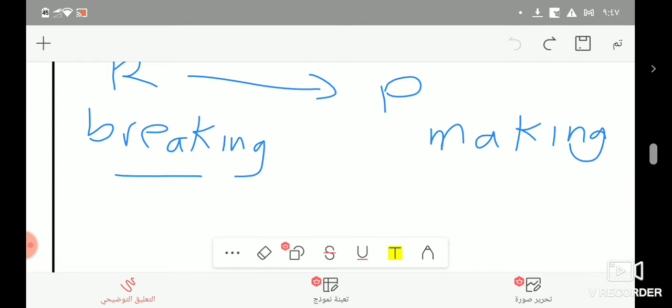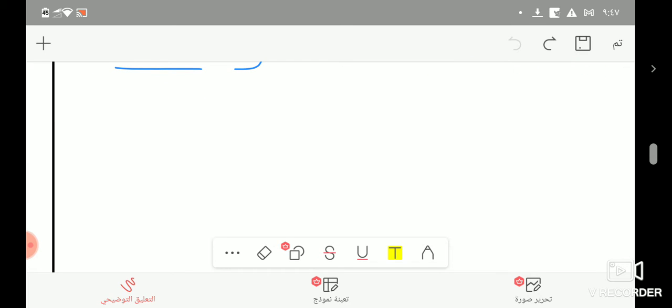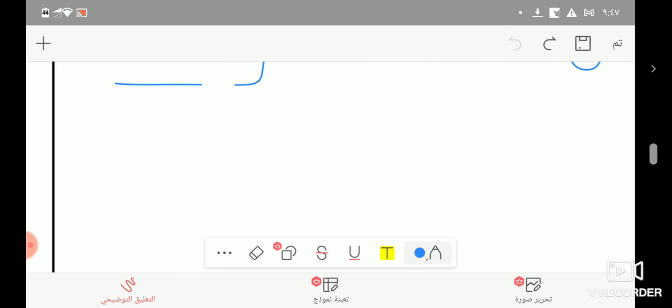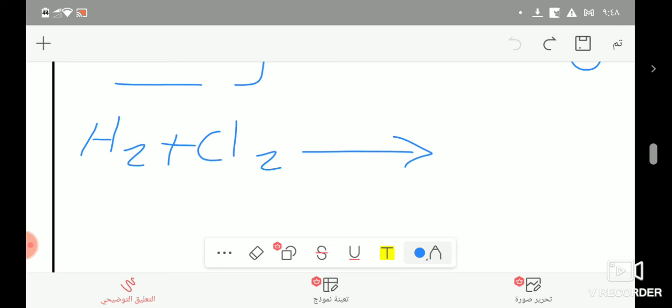So during the chemical reaction, there is the process of breaking the bonds, such as in the reaction between, for example, hydrogen and chlorine. This is a common reaction for the formation of hydrogen chloride, two molecules of hydrogen chloride.